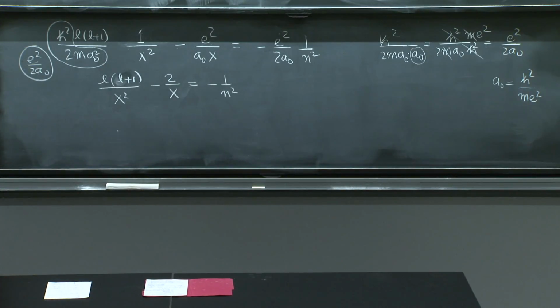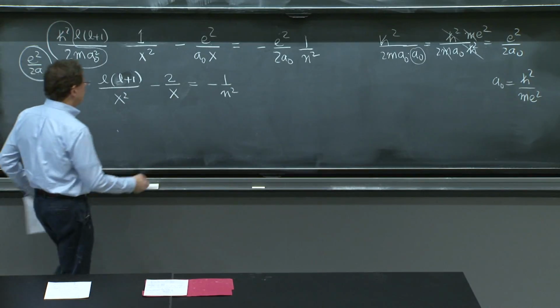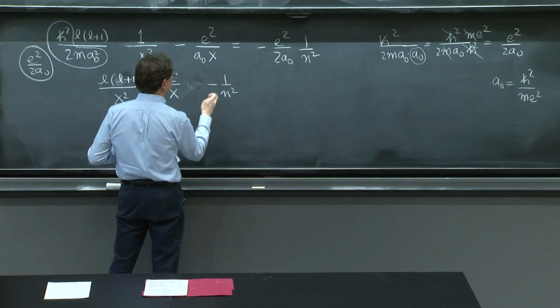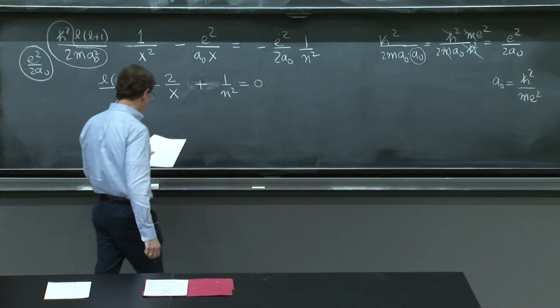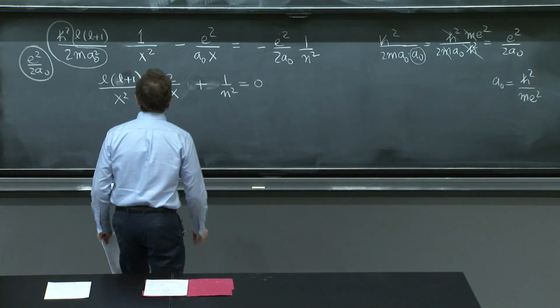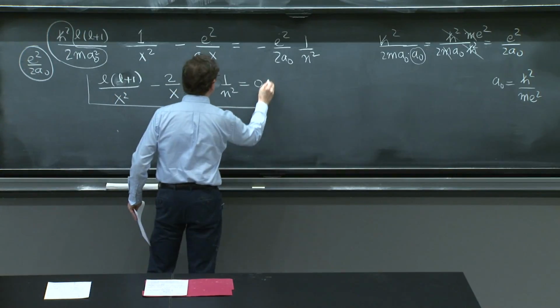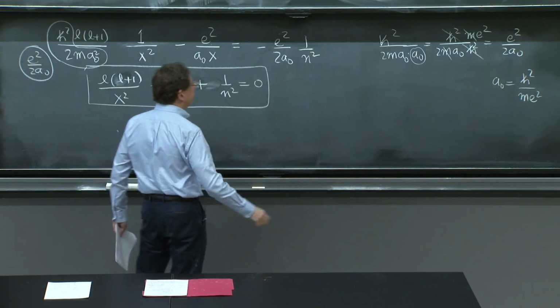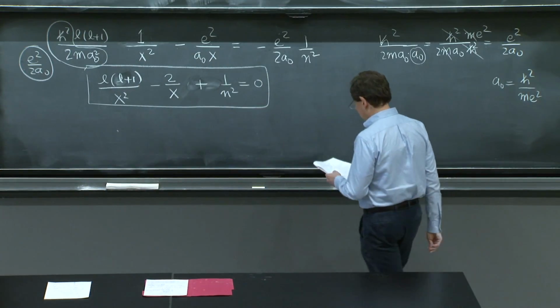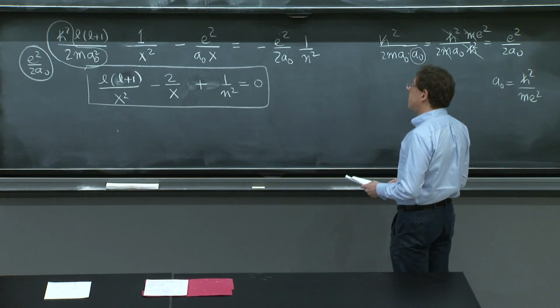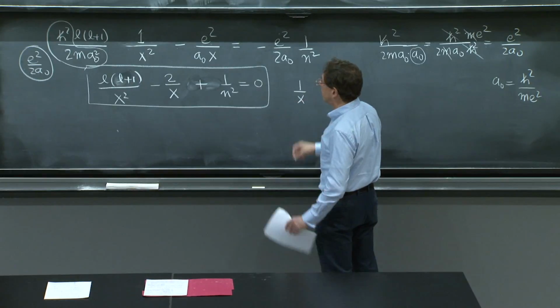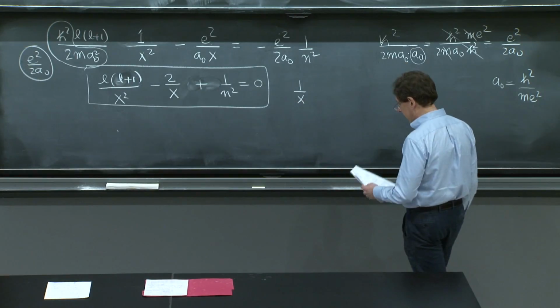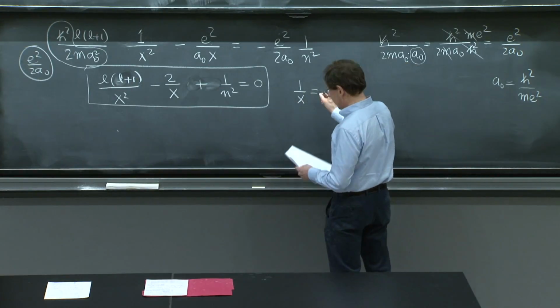So let's move this to the other side. Plus 1 over n squared equals 0. So this is the main equation. And the solution for 1 over x is a quadratic equation in 1 over x.